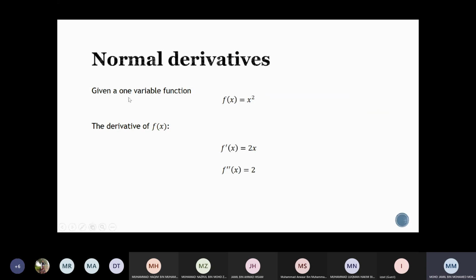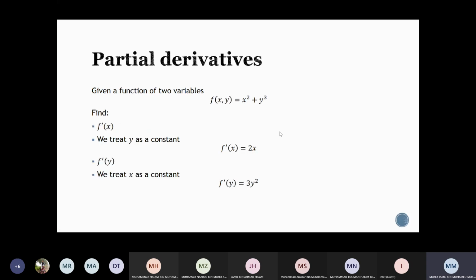Let's say given a one variable function, f(x) equals x squared. If you want to find f prime, you just differentiate this, it becomes 2 times x. Then if you want to find f double prime, you get f double prime equals 2. So this is the normal derivative that you have learned.